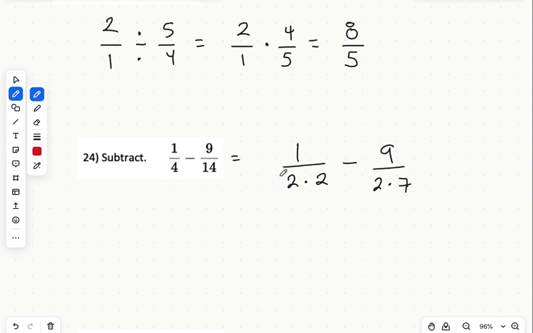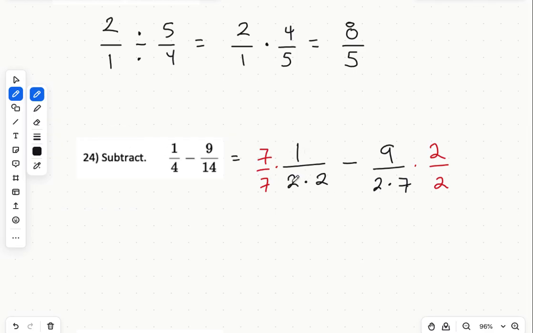In order to make that happen, this would need to have a 7 in it because this one has a 7. So this piece needs to be multiplied by 7 over 7. Over here, this has the 2 and the 7, but this one had a pair of 2s. This only has 1 2. And so in that case, I would need to multiply this one by 2 over 2.